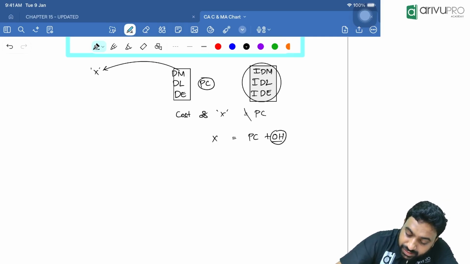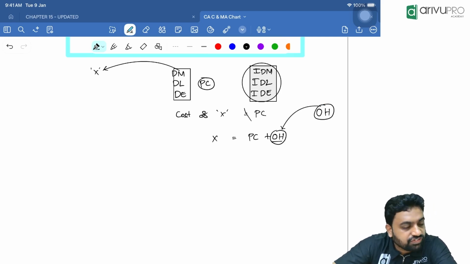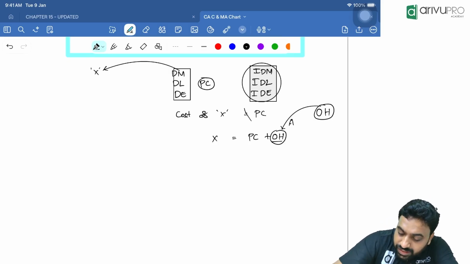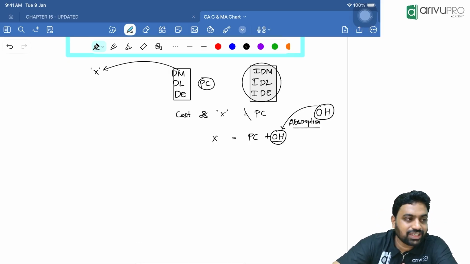The overhead of the whole organization will be there, and a portion of that will be charged to the final product. That only we call absorption. Is that clear?